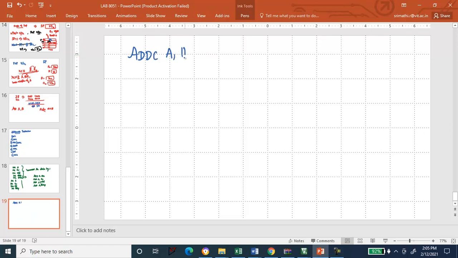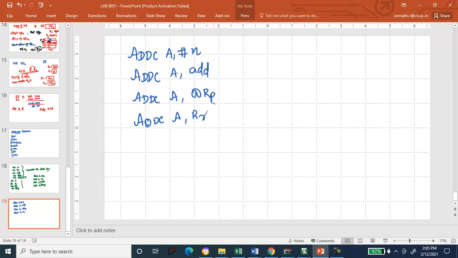A comma, again we have four different types of addressing modes here: add with carry immediate data, address, @Ri, and a register simply. This is regarding your addition.